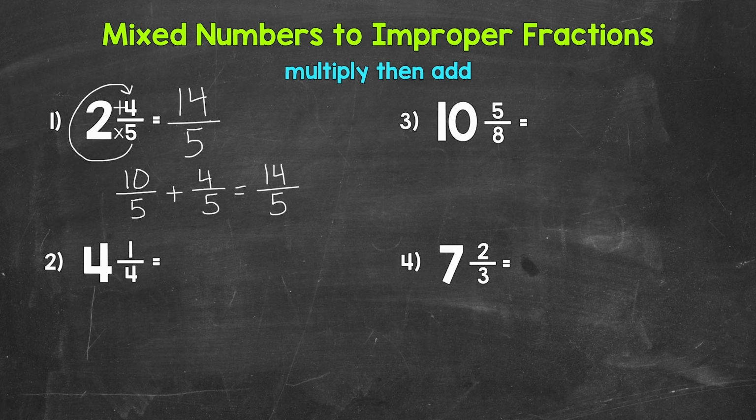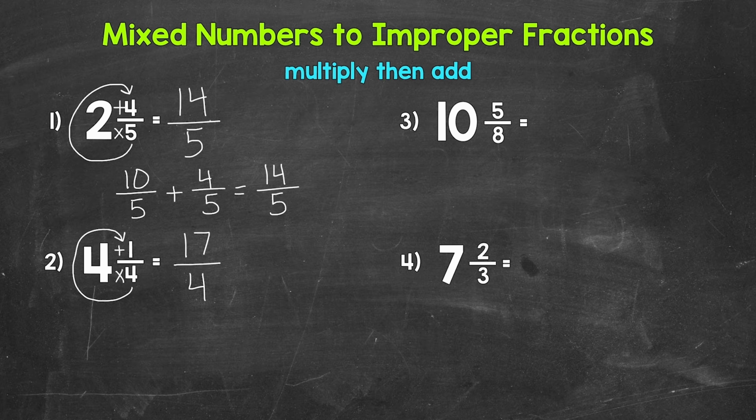So we need to multiply, then add. So multiply, then add. 4 times 4 is 16, plus 1 is 17. So that's our numerator. Then we keep that denominator of 4 the same. So 4 and 1/4 equals 17/4. Moving on to number 3, we have 10 and 5/8.